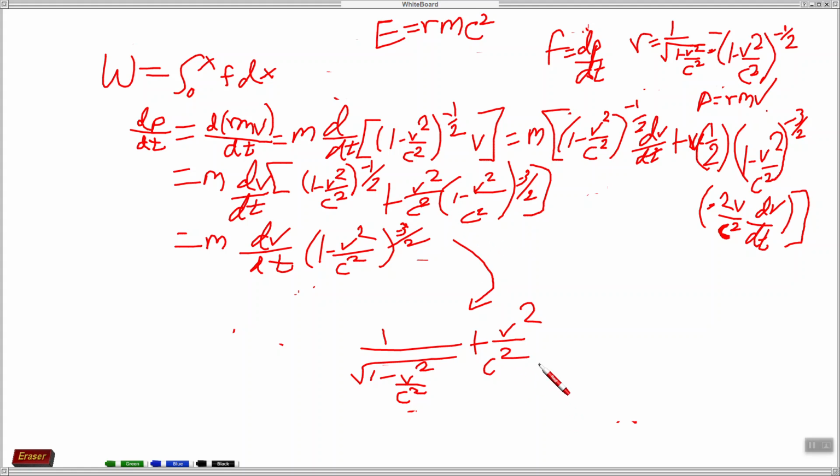I'm going to put this in the denominator, so that becomes the square root in the denominator, 1 minus v squared over c squared.